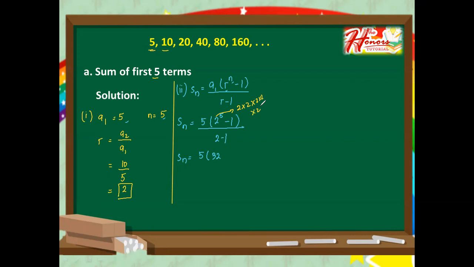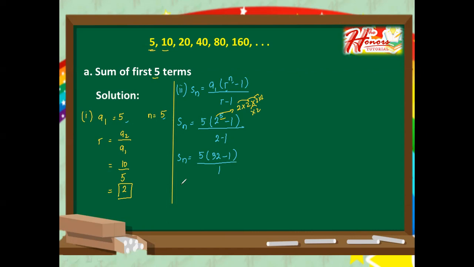Your exponent, which is 5, is telling your base how many times you are going to multiply the base to itself, and that is 5 times. So 2 times 2 is 4, times 2, 8, times 2, 16, times 2, that's 32. Minus 1 over 2 minus 1, that's 1.